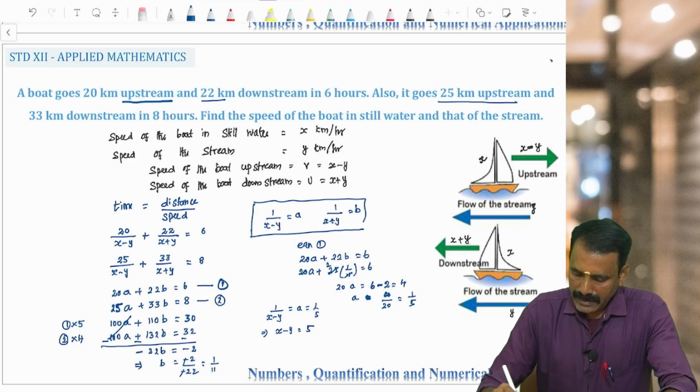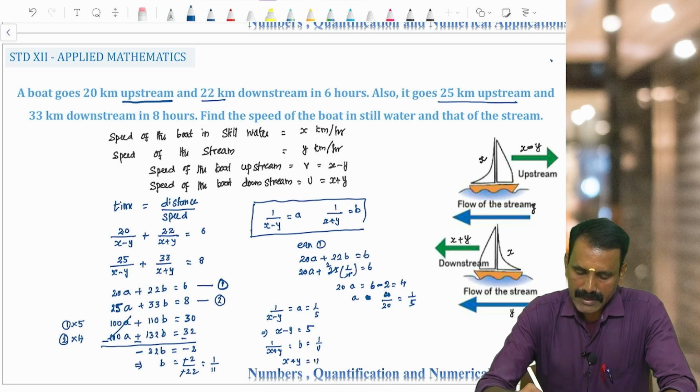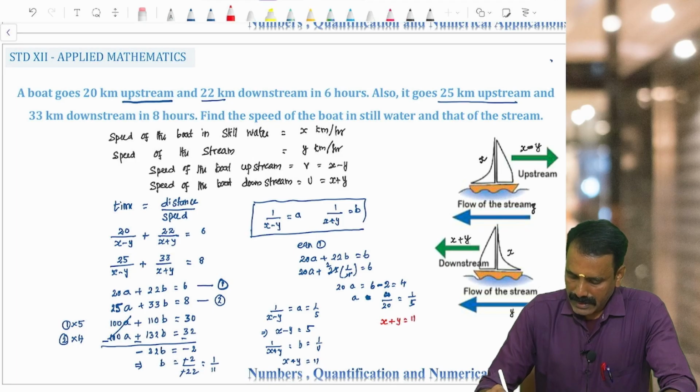Again, 1 by (x plus y) is equal to b, that is equal to 1 by 11. So x plus y is equal to 11. So we have two equations now, again another set of linear equations: x plus y is equal to 11 and x minus y is equal to 5.